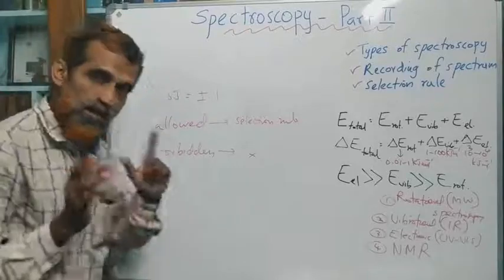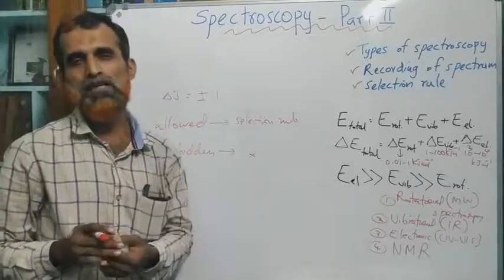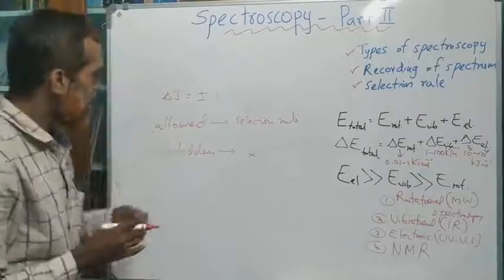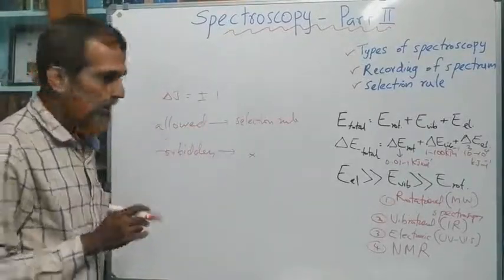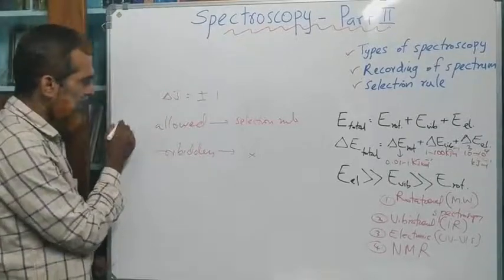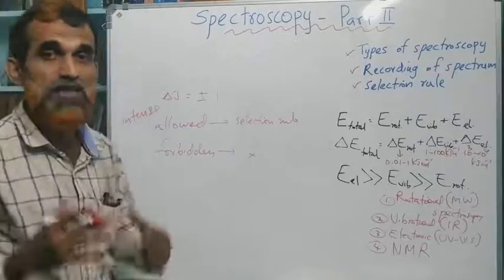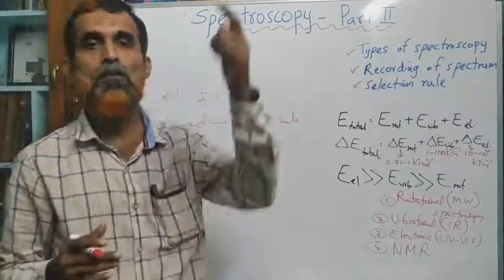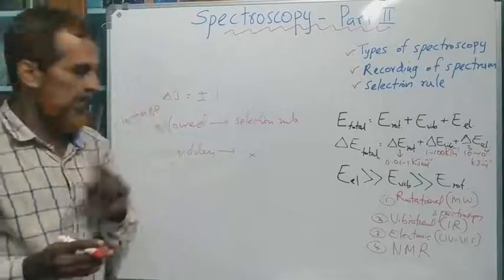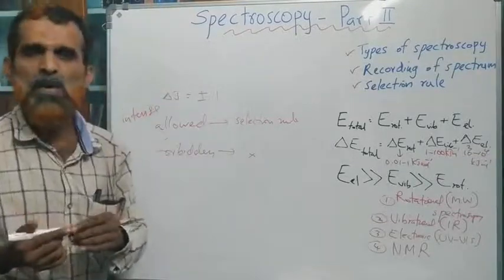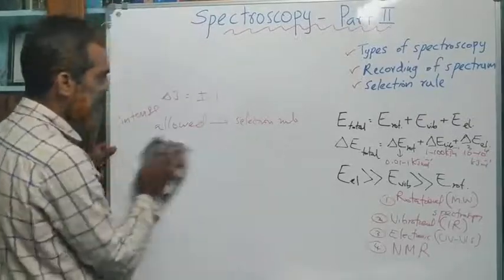This also occurs sometimes due to certain relaxation techniques or certain approximations. You can easily distinguish the two. Allowed transitions will give very intense peaks because they are the most probable transitions, and forbidden transitions give very weak signals. You can distinguish them that way.